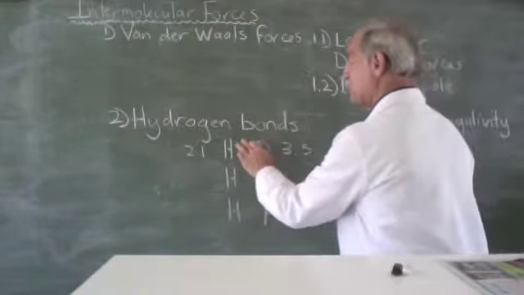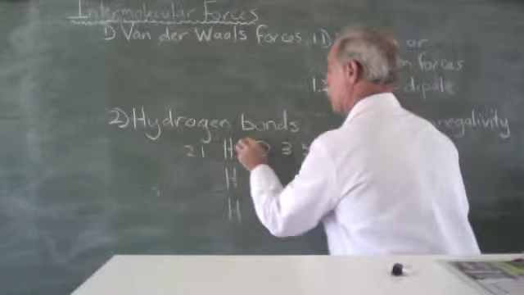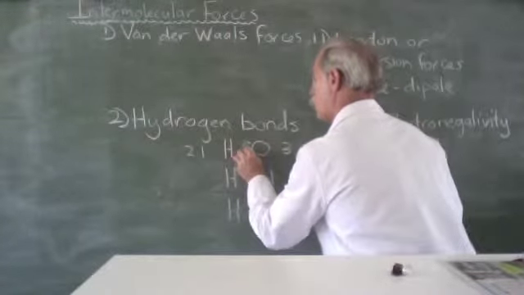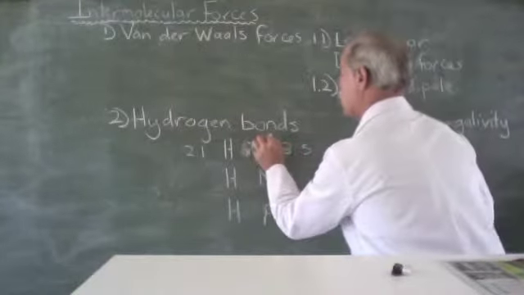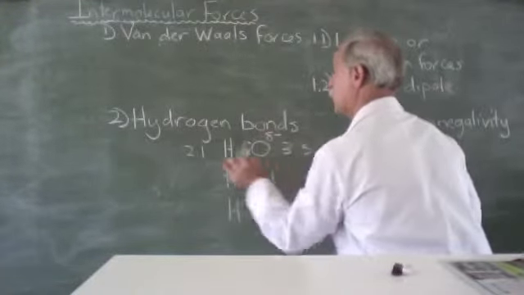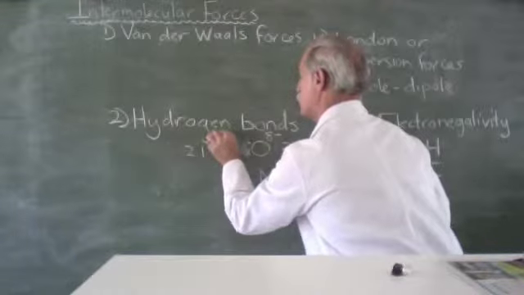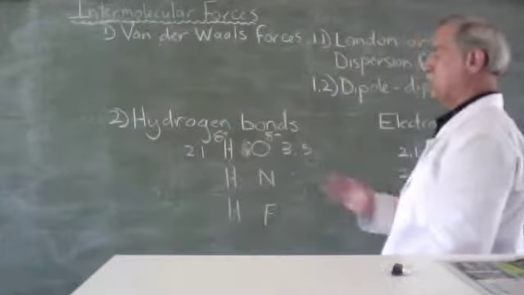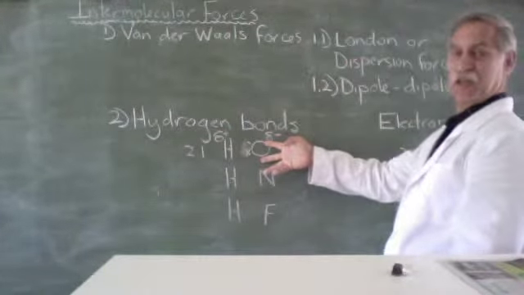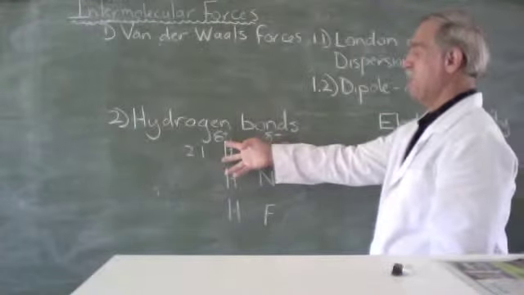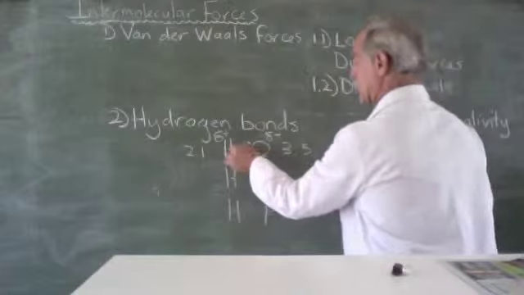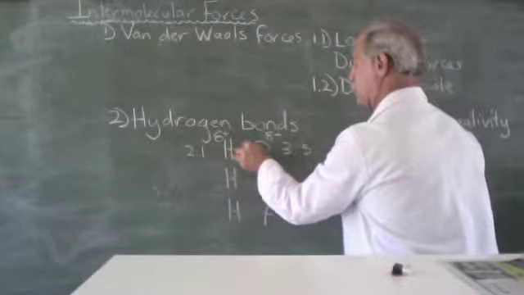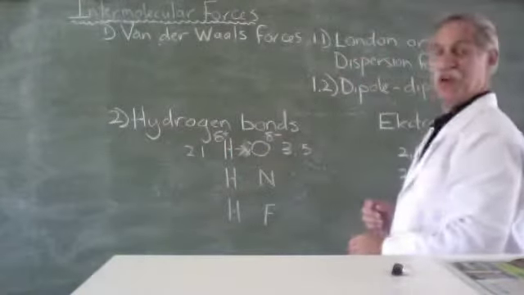So although they share, the electrons sit more closely to the oxygen. So we say the oxygen becomes delta negative and the hydrogen becomes delta positive, or slightly positive. So this side becomes slightly negative, that side becomes slightly positive. So the electrons, if I were to draw an arrow, are shifted more towards the oxygen side.